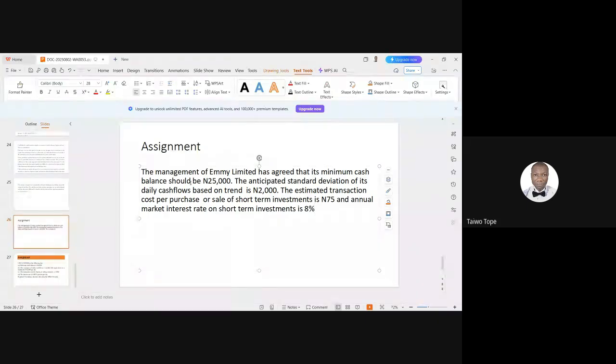Required: calculate the upper cash limits and the return points using the Miller-Orr model.